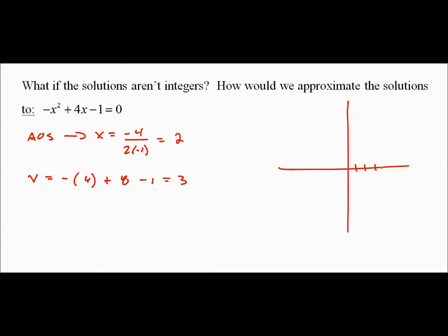1, 2, 3, 4, 5, 6. That should do it. And I'm going to graph the whole thing out. Hopes that it'll help me out here. 2, 3, y-intercept, 0, -1.